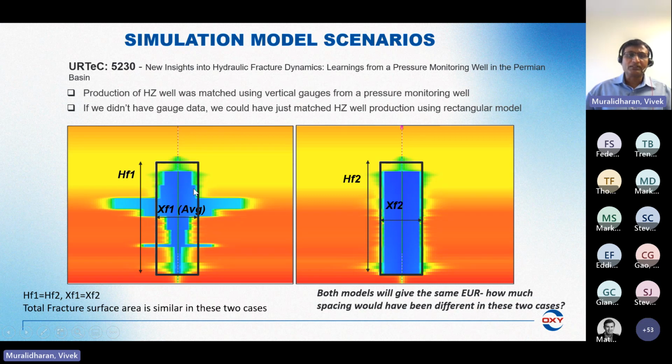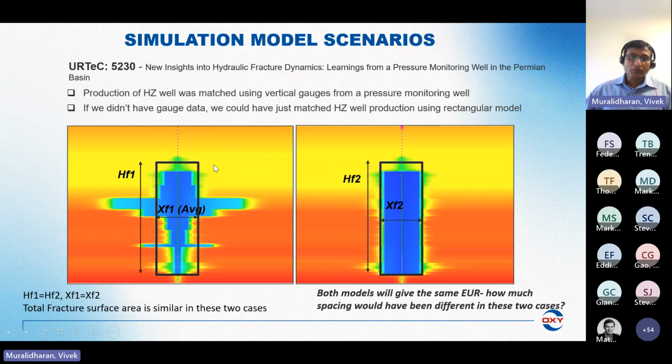What we observed was that the height we got is pretty high, and the shape in the vertical distribution is not uniform. You have a big XF in some of the layers very close to the landing layer, and the vertical efficiency is getting truncated as you move away from the landing zone.